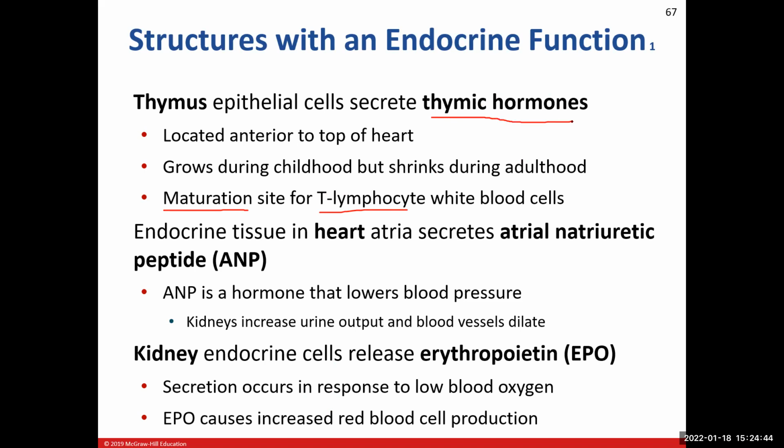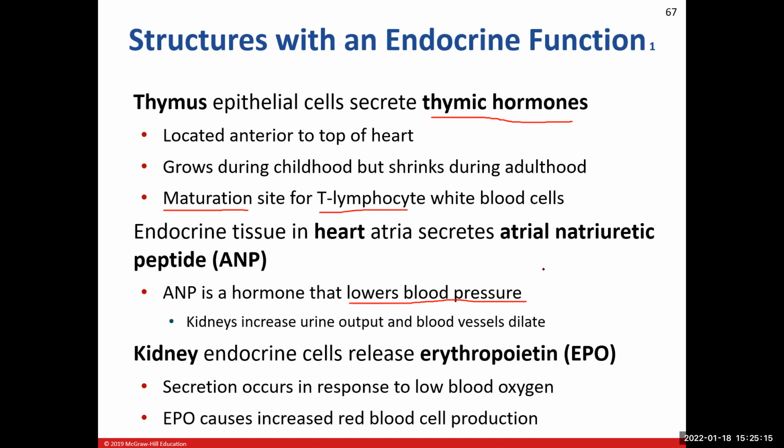Believe it or not, your heart isn't just a pump, but it also has some endocrine tissue that is going to affect your blood pressure. This tissue is going to secrete ANP, which stands for atrial natriuretic peptide. This hormone helps to lower blood pressure. See, what happens is when your blood pressure increases, it puts pressure onto the walls of your heart and on the walls of your blood vessels.